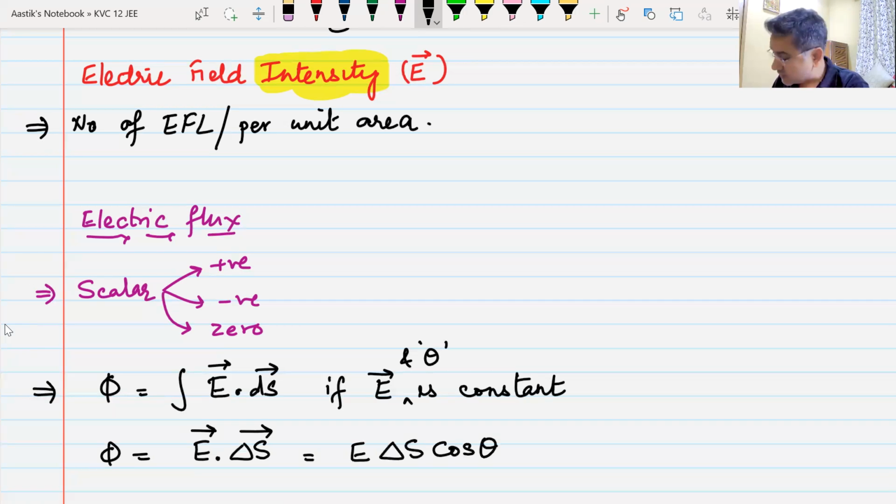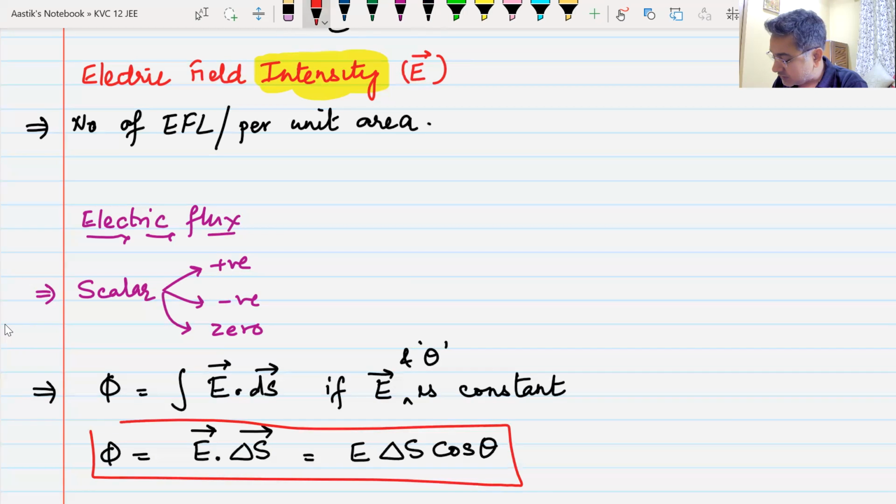Remember, it is subject to the condition that the electric field is constant and the angle between the area vector and the electric field is also the same.